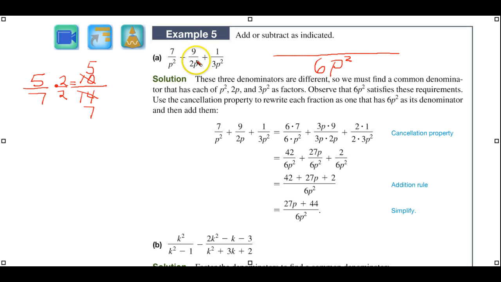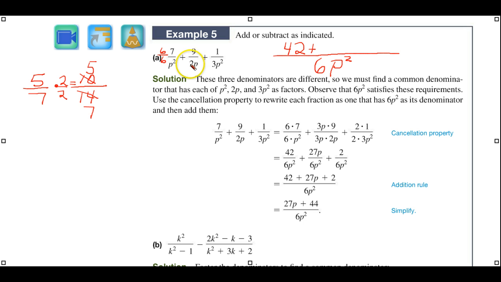So this is what we have to do, and our challenge is what form of 1 are we going to multiply this term by? Well, we have to multiply it by 6, this denominator. So our form here is going to be 6/6. We're going to multiply this fraction by a 1 in the form of 6/6. So our denominator now becomes 6p squared, but our numerator is 42. All right, we got our first term.